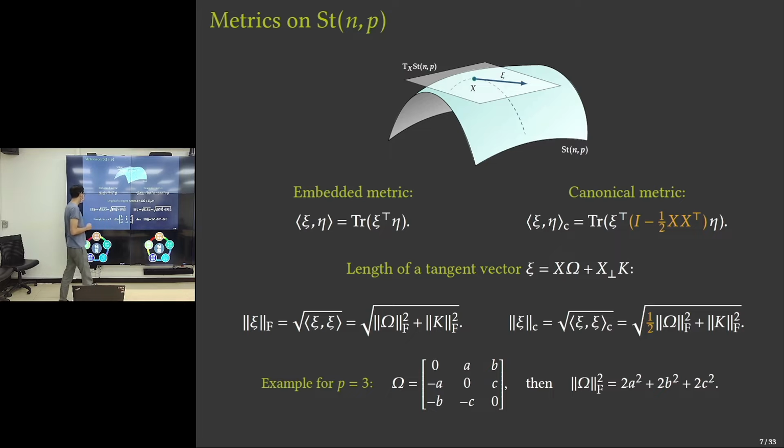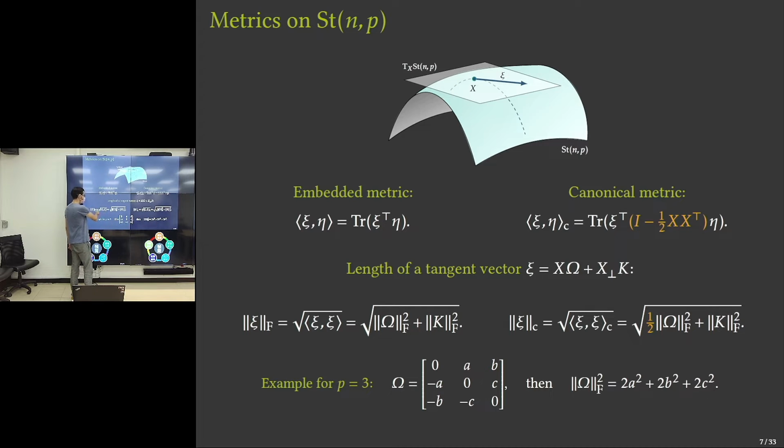And last time I wanted to put a concrete example, and I forgot. So for example, for p equal to 3, a skew-symmetric matrix looks like this, where A, B, C are just some reals. The lower triangular part is just minus the upper triangular part. Then if you do the calculations of the Frobenius norm squared of this matrix, you have this expression.